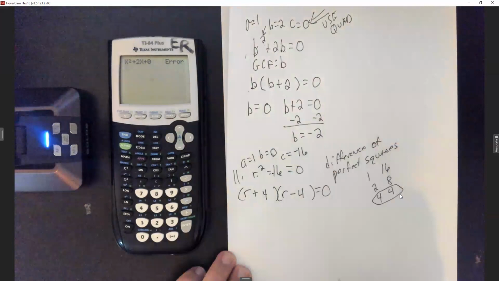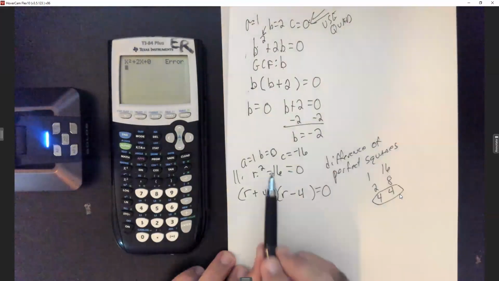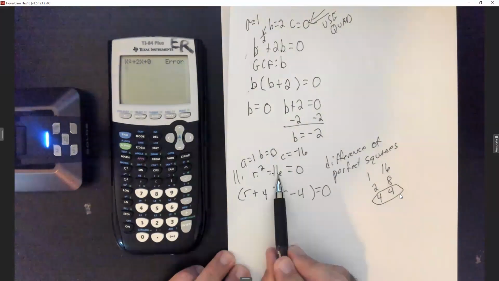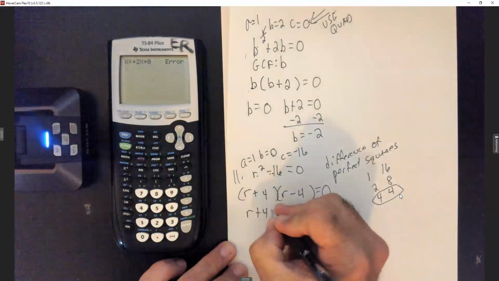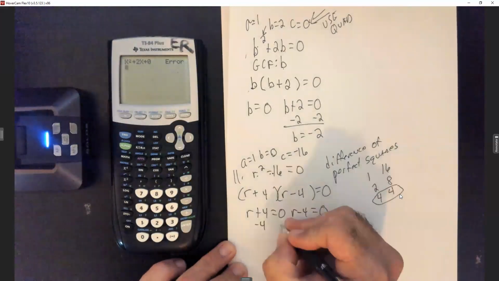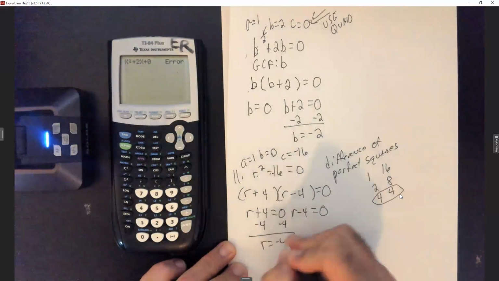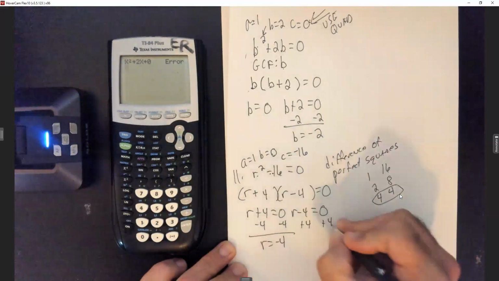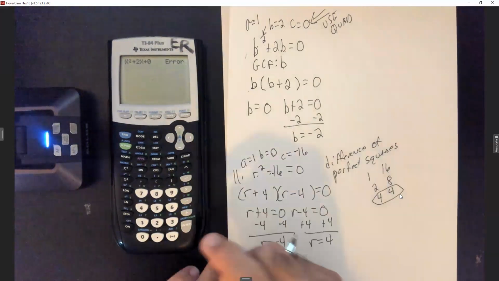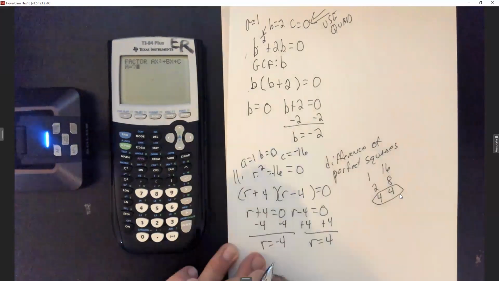Okay? So last sign's negative, unlike signs. And then basically, the square root of 16 was the 4s. All right, set these equal to 0 and solve each of them. So I get a -4, and then this one's going to give me a +4. All right, so I'm in my factor program, so let's see this.